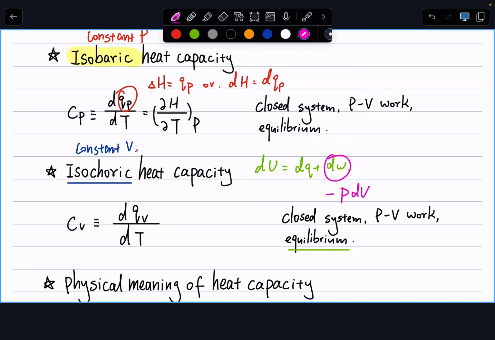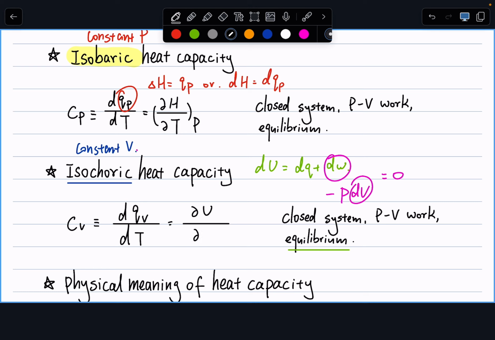Now, in this case, it's isochoric, so volume is not changing. My dV is 0. Volume is kept constant. So what we have is our dQ_V effectively equals dU.